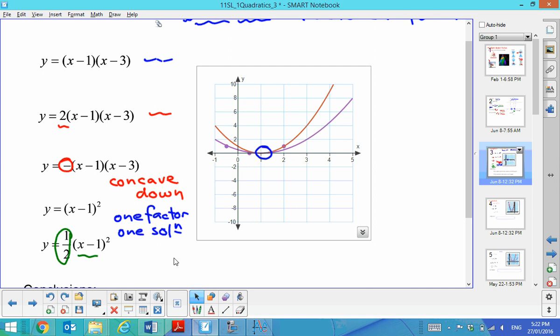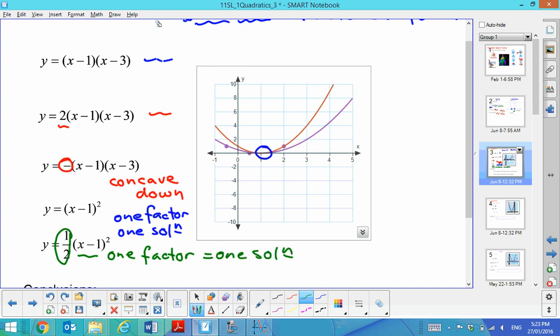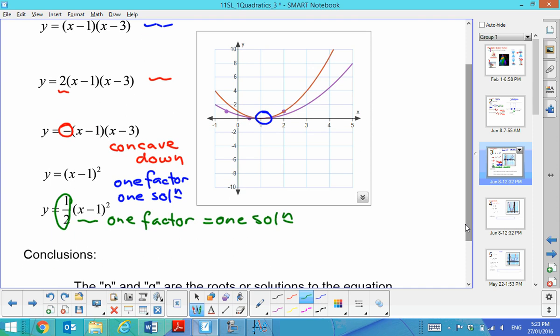But in this case, with the half, what do you notice has happened? One factor means one solution. But the half now, we see that this curve here is not as steep.